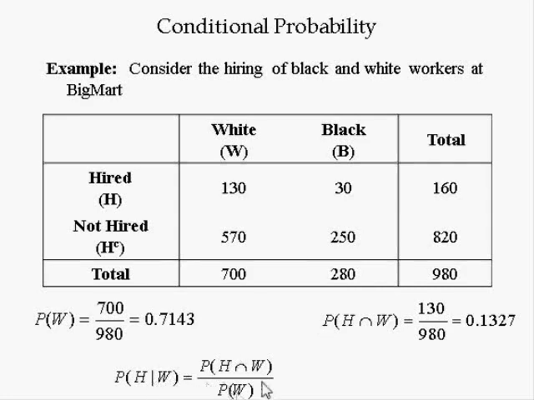White is below the line, which is equal to 0.1327 divided by 0.7143, or 0.1858. Another way of computing the conditional probability is to divide the number of applicants that are white and hired by the number of white applicants, which is 130 divided by 700, or 0.1858.